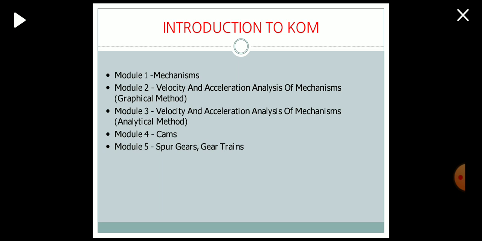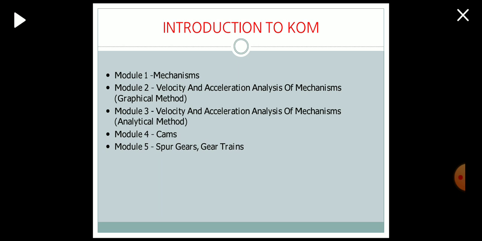So this is the introduction or basic concepts covered in module 1 of the kinematics of machines. So there are many different types of mechanisms, and we'll study various mechanisms.